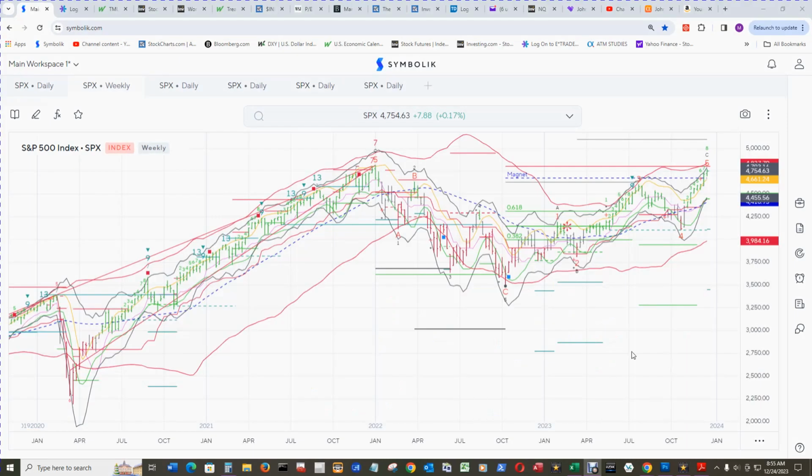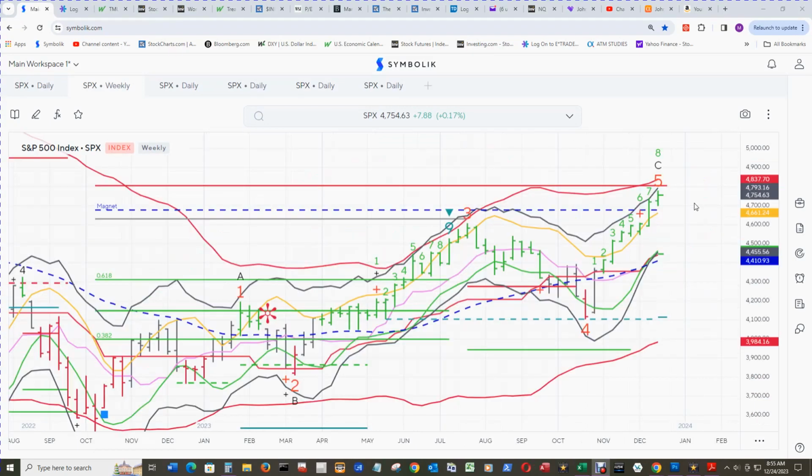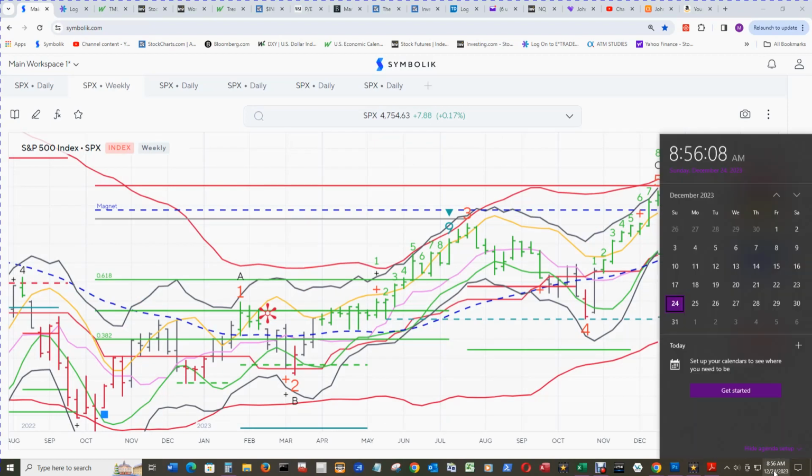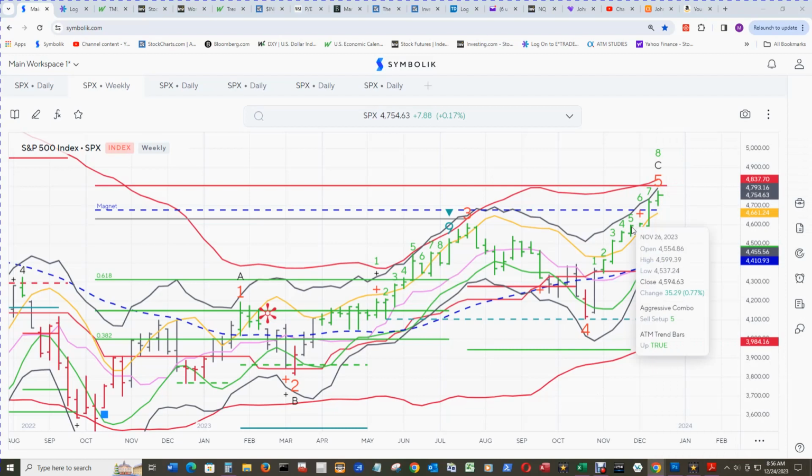The S&P 500 weekly chart, looking back to the COVID crash era. I'll zoom into this current area now. The S&P 500 weekly chart has printed the combo and sequential sell setup 8 count. So we could print the 9 end count for end of day next week, Friday the 29th, with a close above this close, 4594.63.